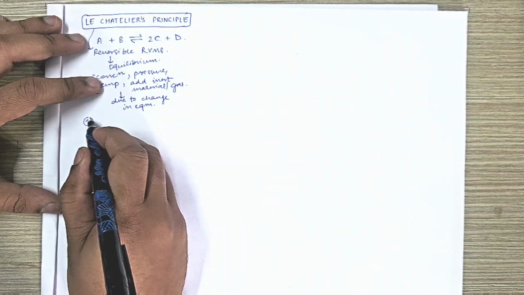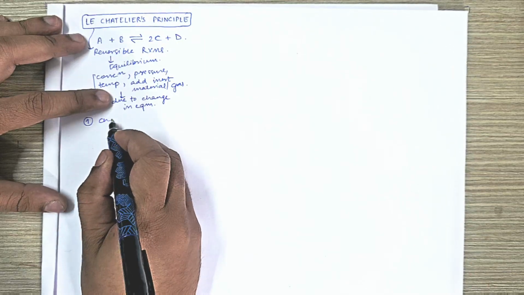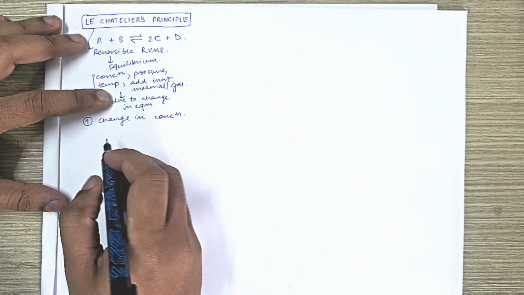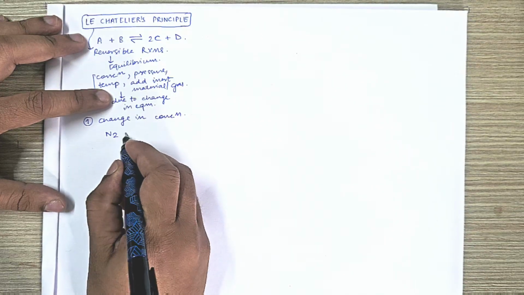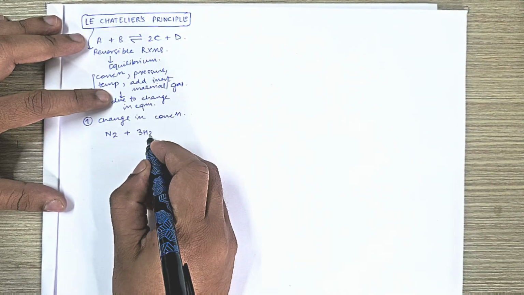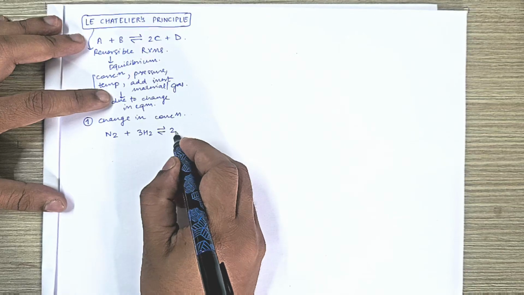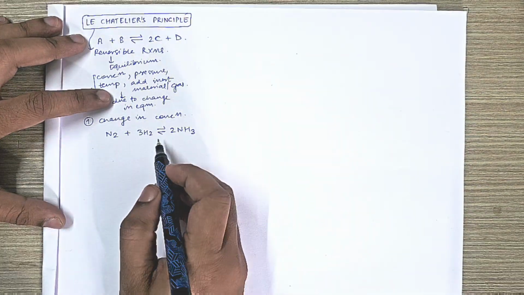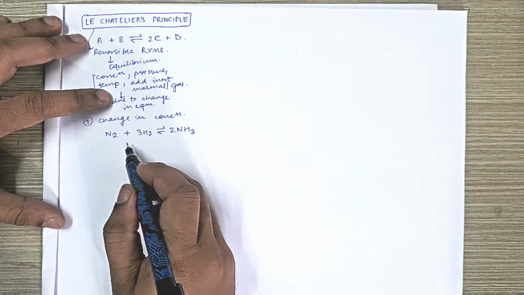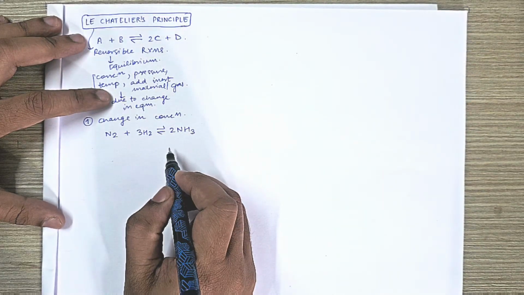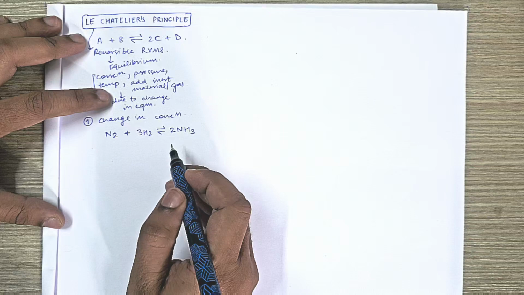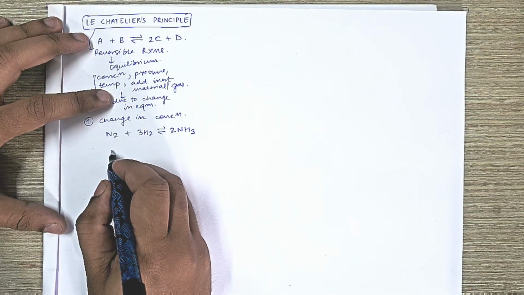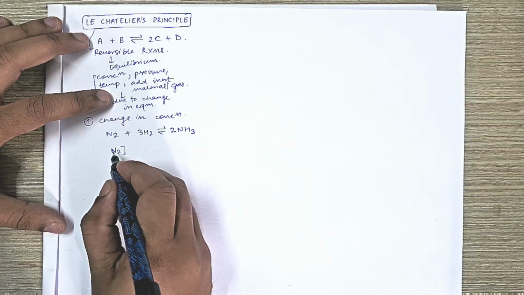So the very first condition is when we change the concentration. Suppose we are having an equation that is N2 plus 3H2 that gives ammonia, right? We have to find out what happens to the equilibrium when we change the concentration on either side, where it shifts basically. So I am increasing the concentration of N2.